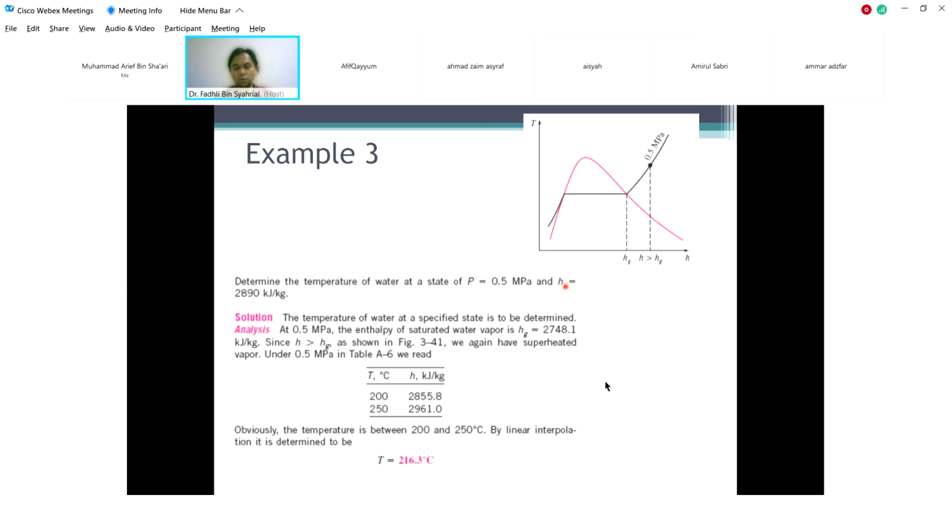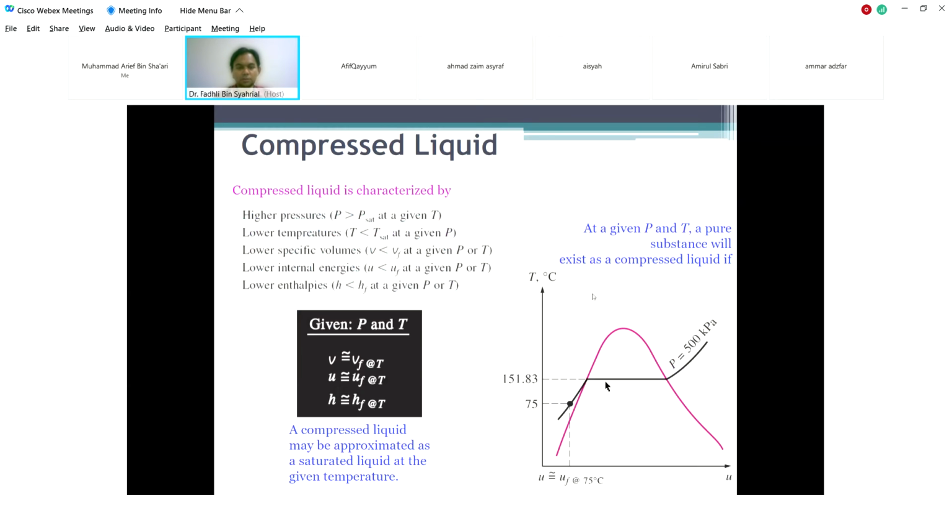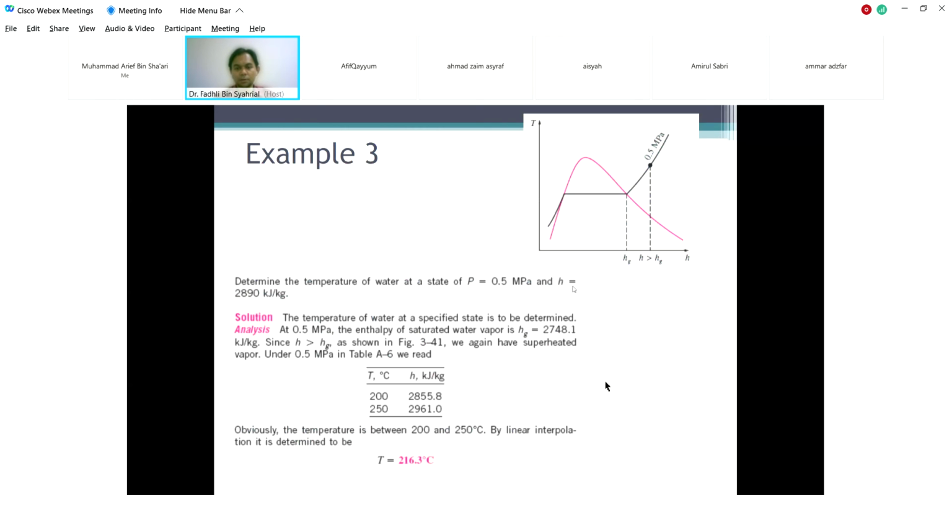We don't know the H. This value 2890 we cannot put on this axis yet because we don't have any reference value. Once we have the reference value, then we know where to put this 2890.